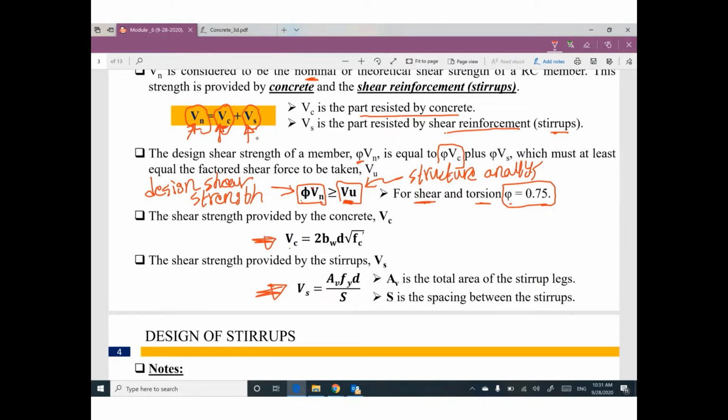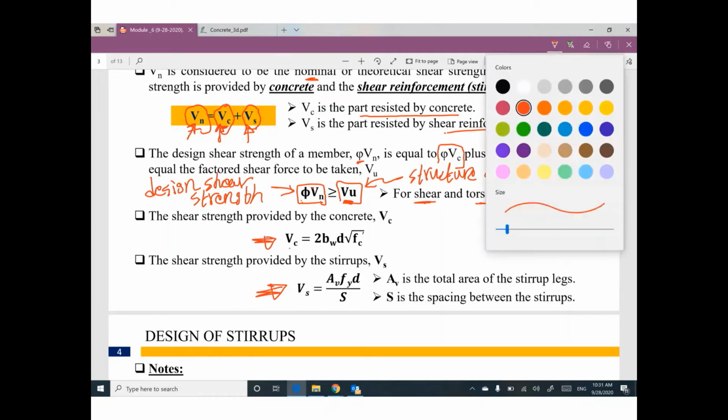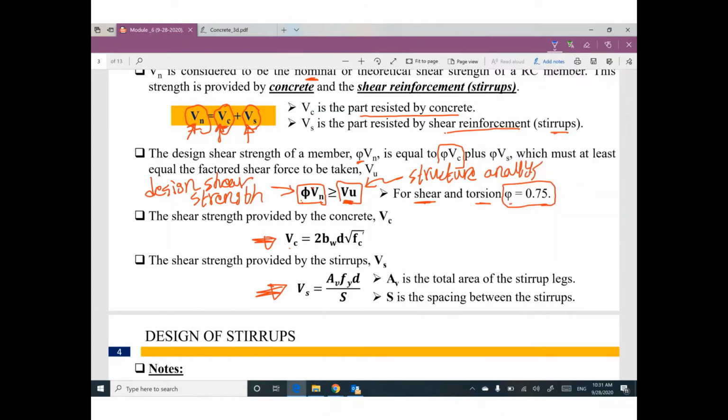That's it. Just to remind you, here is the cross section of the beam. Here is the steel reinforcement. We don't care about it right now. We are in the case of shear. But from this cross section, I need to figure out the value of this depth, this term.